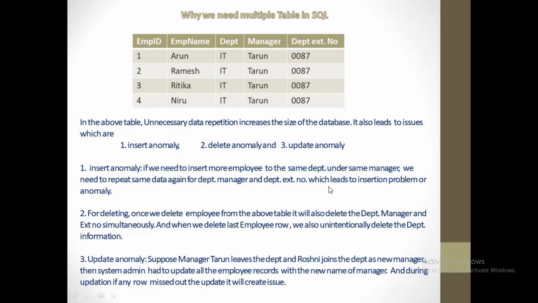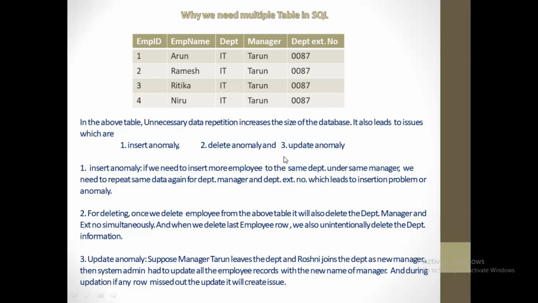You remember, if you have to insert, you are inserting the same records like manager id, department extension numbers multiple times. Deleting also, because to delete only one Ramesh you need to delete, but you are deleting the other things with Ramesh also. Update also sometimes, and when you delete all the employees, you will lose your department manager and department extension number also. So those things we discussed, right?